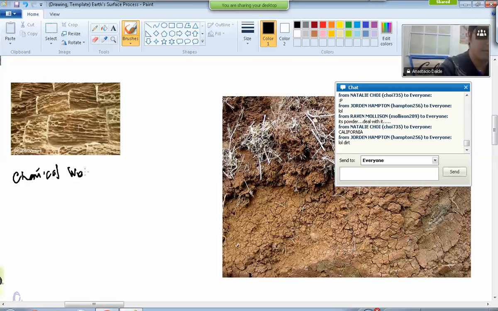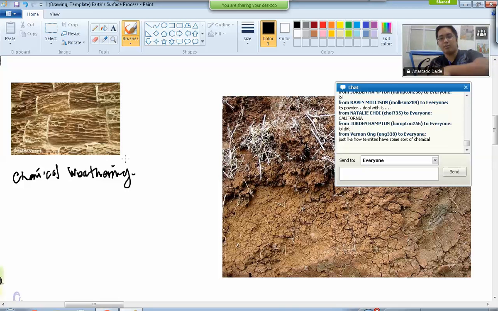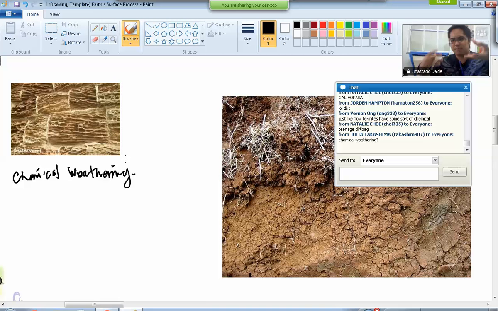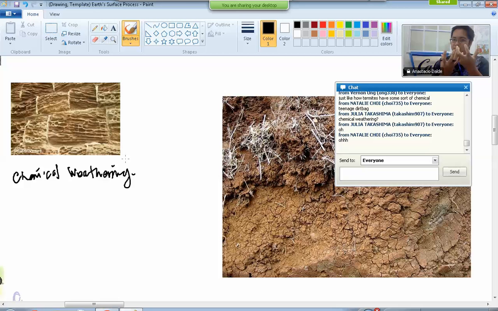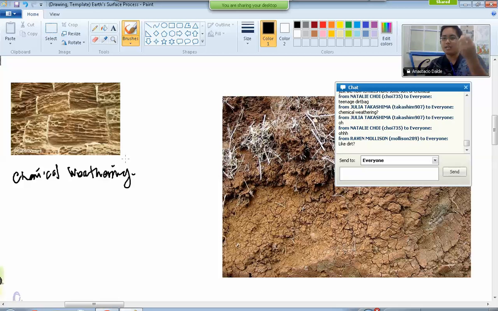So, mechanical weathering was when you took something and broke it up into smaller pieces. Chemical weathering is when you take something and add some kind of chemical, or it goes through some kind of chemical process. Sure, it might break it up into smaller pieces, but what you're really doing is changing it from one type of something to another.